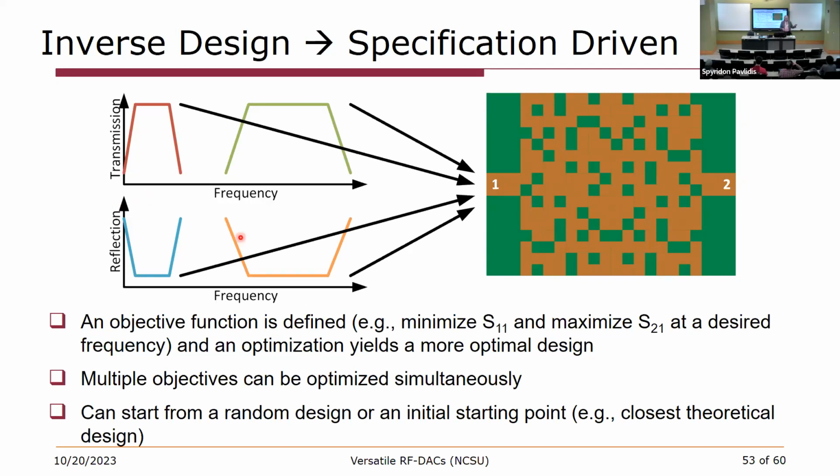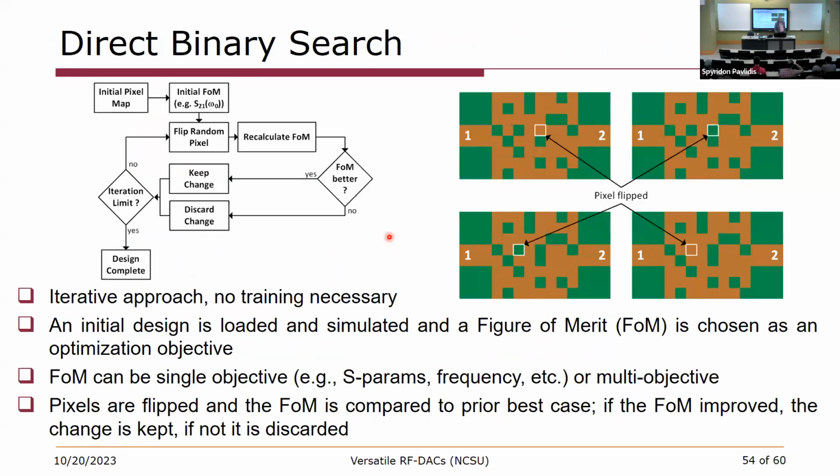So, for instance, we can have an objective to optimize one band and another band. We can optimize return loss and insertion loss, things like that. And we can either start from a random design or start from some initial starting point.